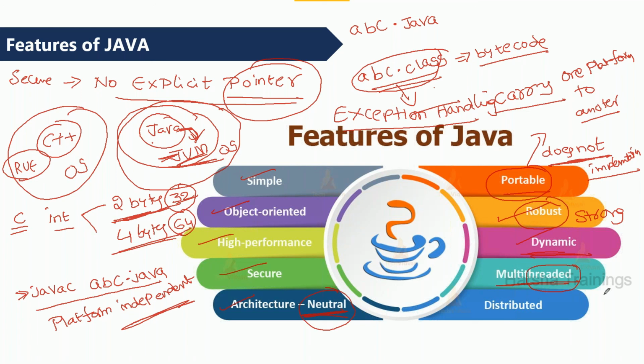Simply, a thread is a separate program, a small piece of program, not the entire program. For example, my program contains 100 lines of code. Assume 20 lines of code is one thread, another 50 lines is another thread, and another 30 lines is another thread.